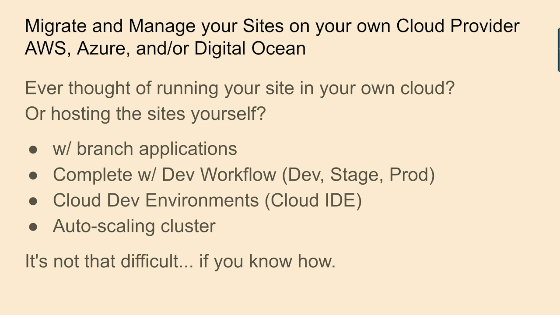You can create dev, stage, and prod environments. You can use a cloud IDE in a browser. You can do auto-scaling clusters, or you can deploy to VPSs. All of this is not that difficult if you know what to do, and we'll talk about how to do it.